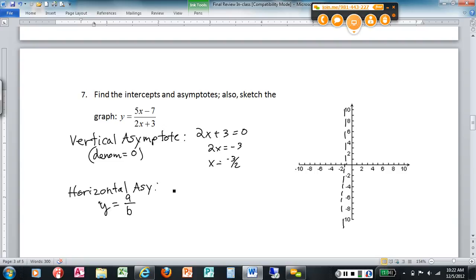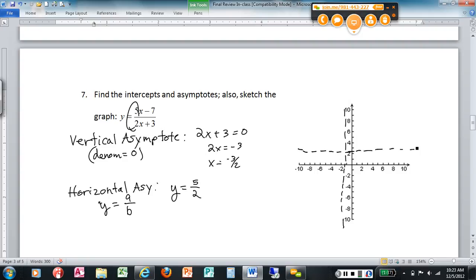So in this case, the horizontal asymptote is going to be the leading terms here, 5x over 2x, right? 5/2. Y equals a over b is the horizontal asymptote, 5 over 2, or 2.5. So at 2.5, I've got a horizontal. So I'll draw a horizontal dotted line at 2.5.